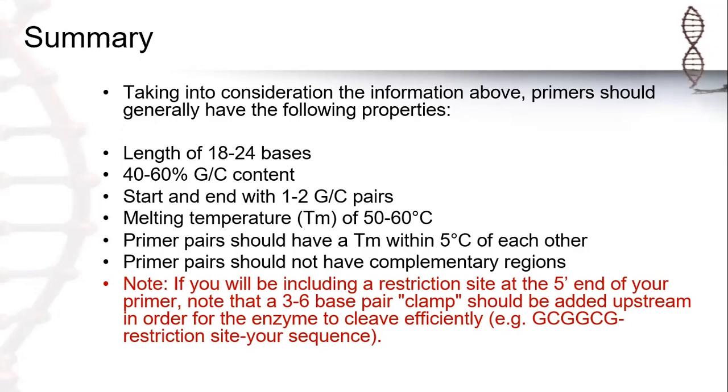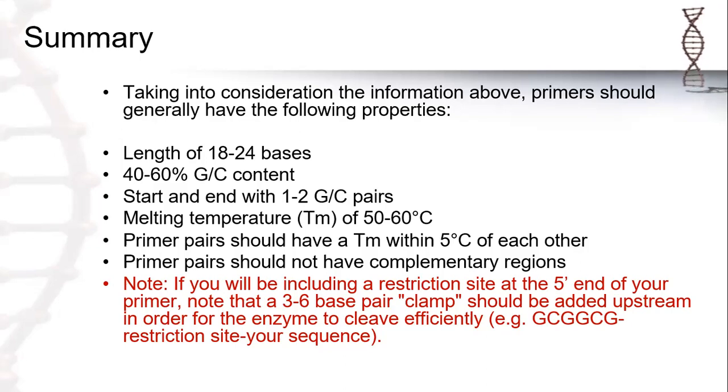For the GC content, we can count the number of guanine and cytosine in the sequence, and this should be around 40 to 60%. And then the primer should start and end with 1 or 2 G or C, guanine or cytosine. We can check manually how many guanine or cytosines are available at the 3' end, and that will help for specific binding.